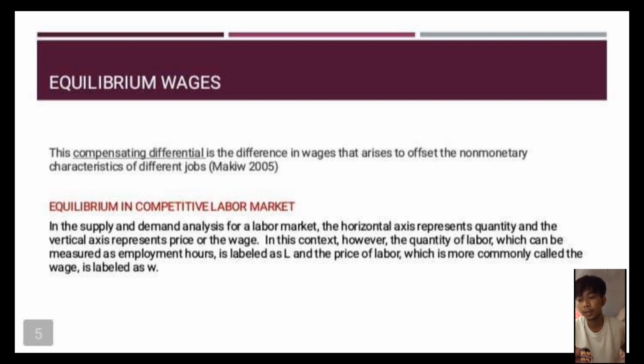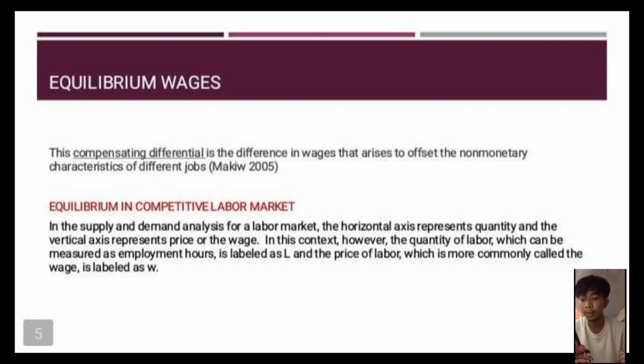Equilibrium wages. A compensating differential is the difference in wages that arises to offset the nonmonetary characteristics of different jobs. Equilibrium in a competitive labor market.